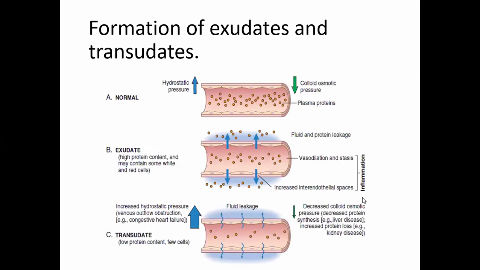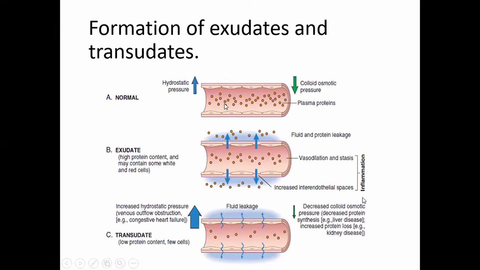So this picture shows how the exudates and the transudates are formed. So the exudate, normally, as I have said before, just a while ago, your endothelial cells should not have gaps in between.